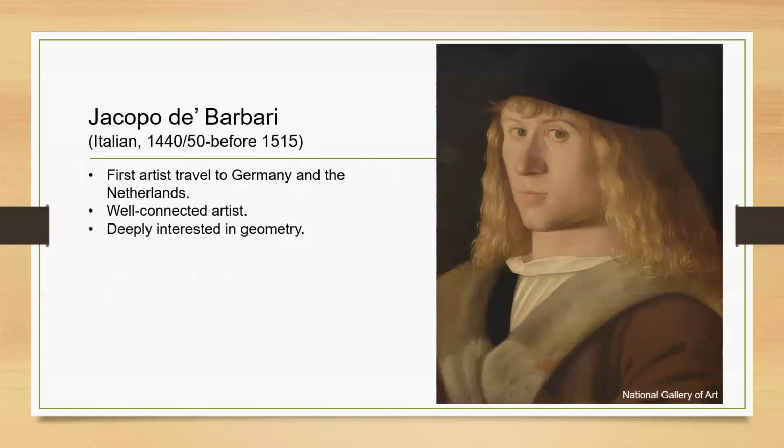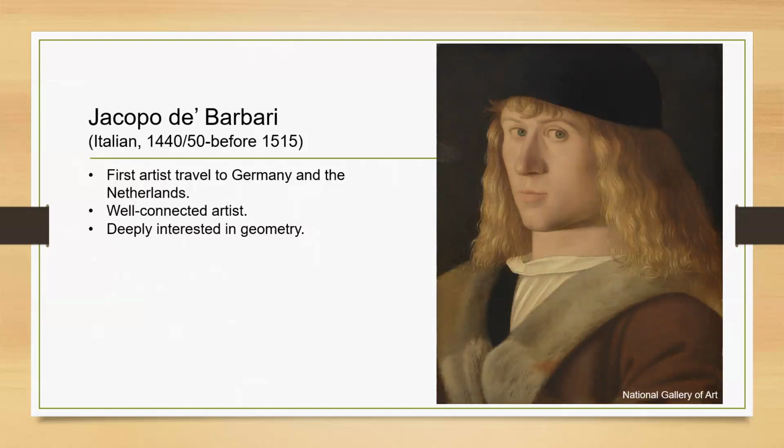And let's talk about Jacopo de Barbari's background a little bit more. He was born around 1440 to 1450, and his identity is not very clear. But in 1503, he moved to Wittenberg and became the first Italian Renaissance artist of the north to travel to Germany and the Netherlands.